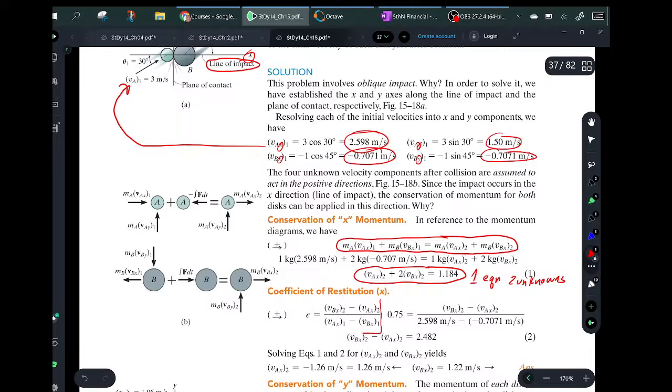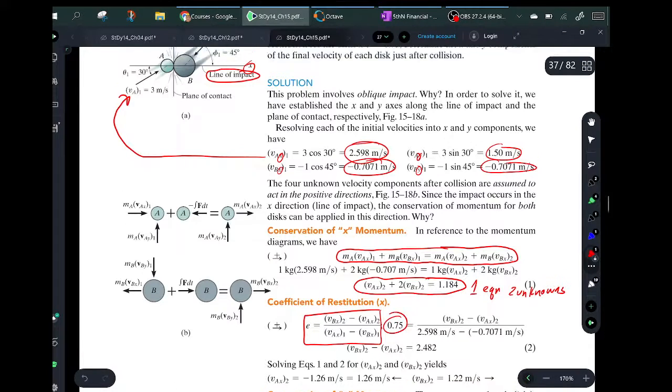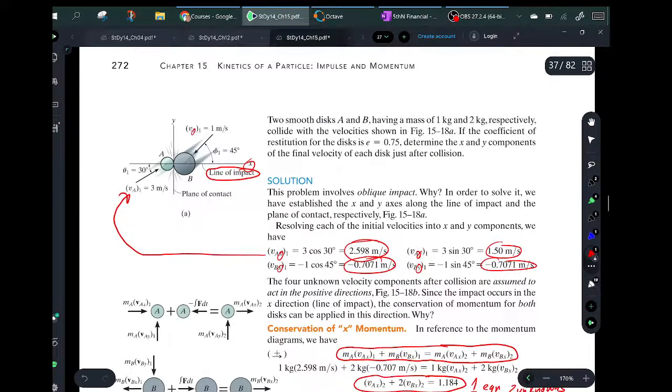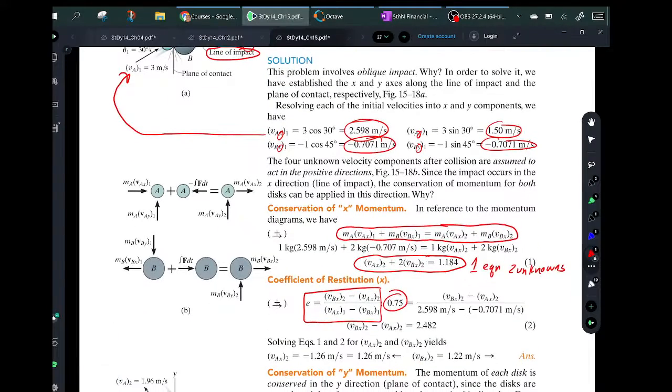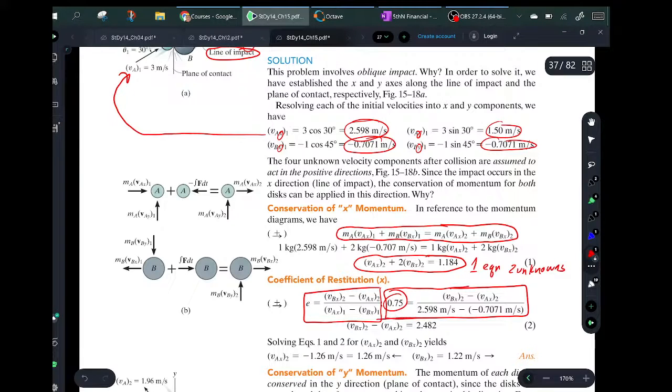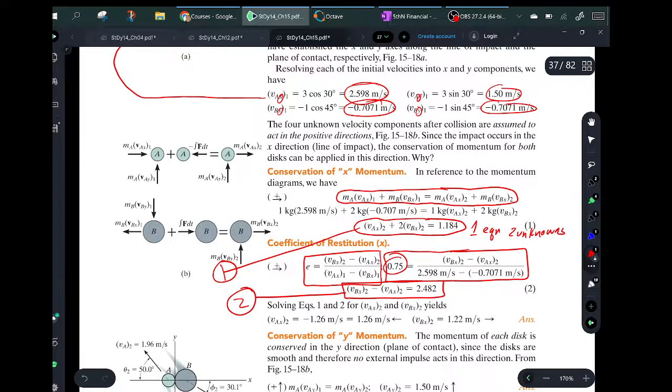Here's your other equation. Somewhere in the problem, apparently, he said coefficient of restitution is 0.75, meaning you lost some energy in the impact. You take this equation, guess what you got? Here's your other equation. So you use equation 2 along with equation 1, two equations, two unknowns, you get a solution.